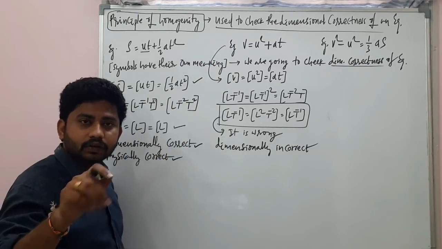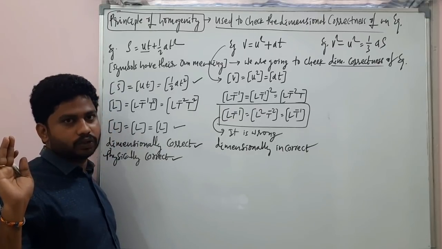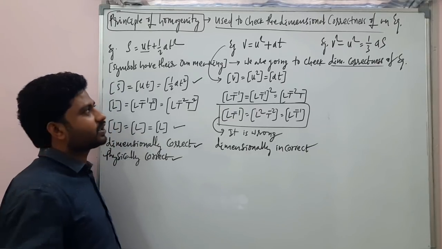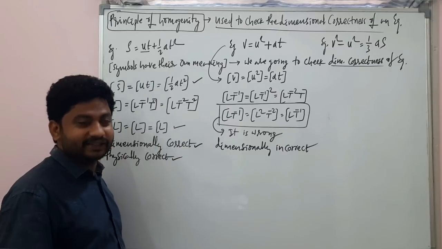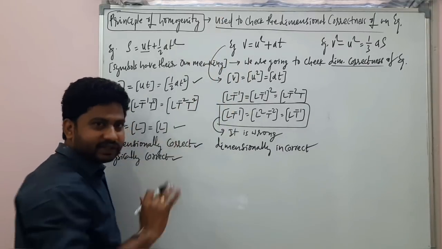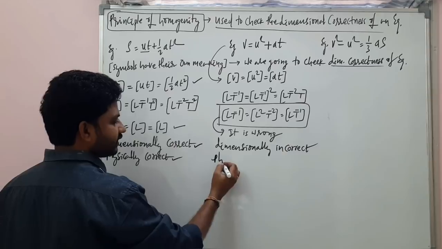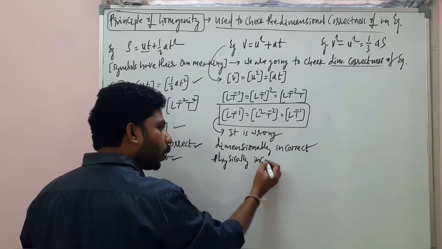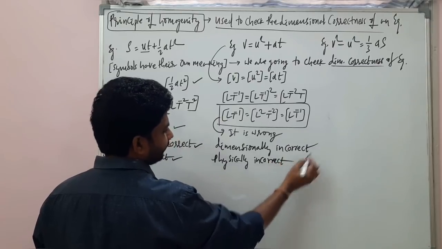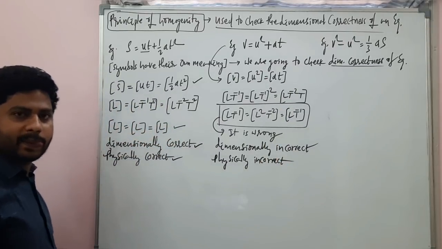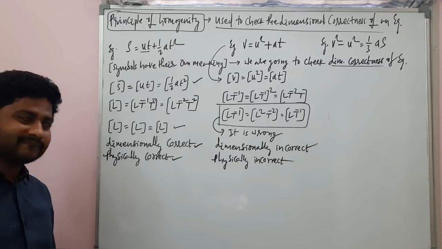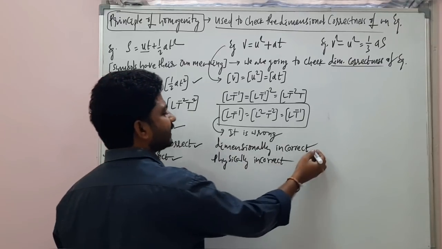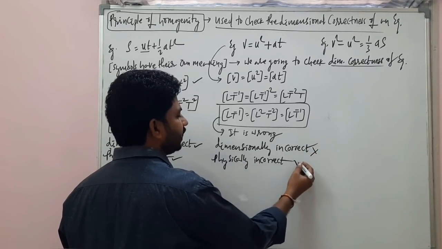No, impossible, because the physically correct equation is V is equal to U plus AT, not V is equal to U square plus AT. So this equation is physically also incorrect. Dimensionally incorrect, physically incorrect.